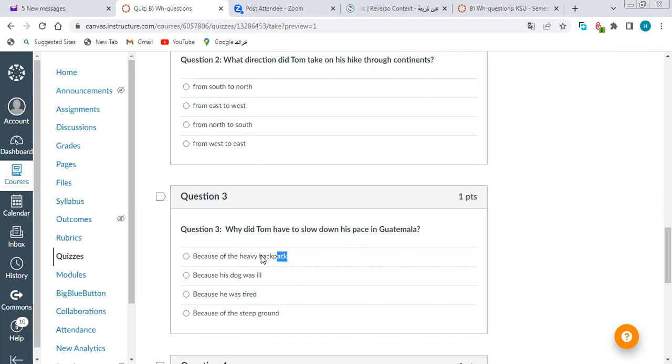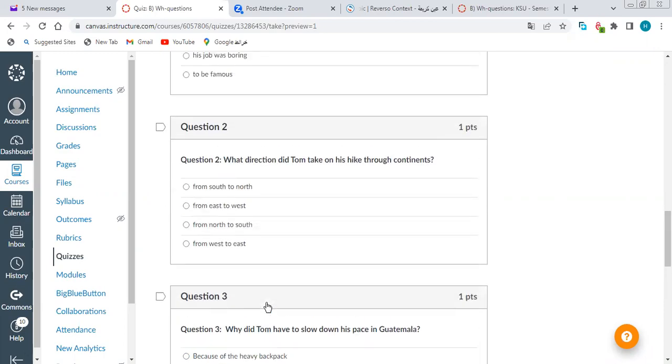Because his dog was ill? Because he was tired? Or because of the steep ground? Steep, I mean not flat, the ground was sloped.